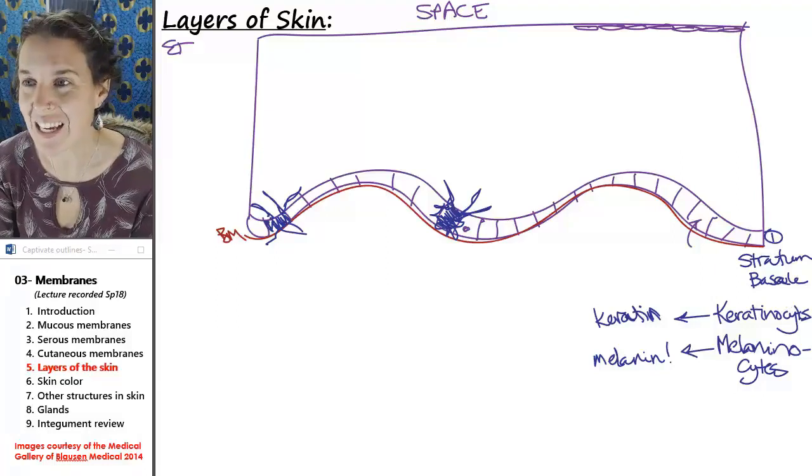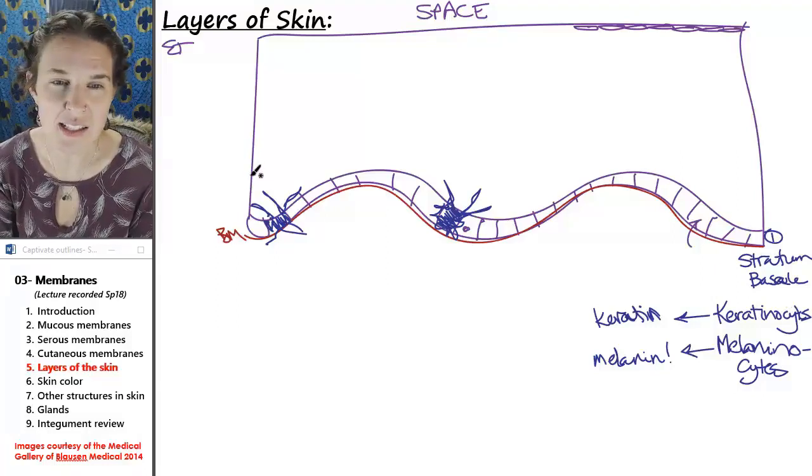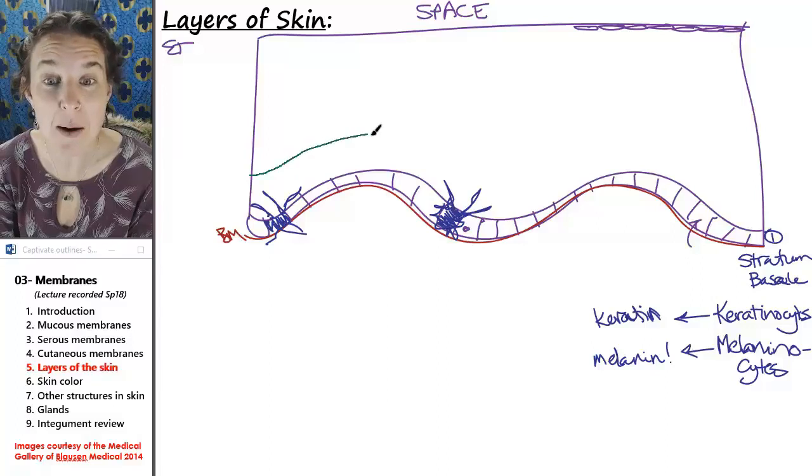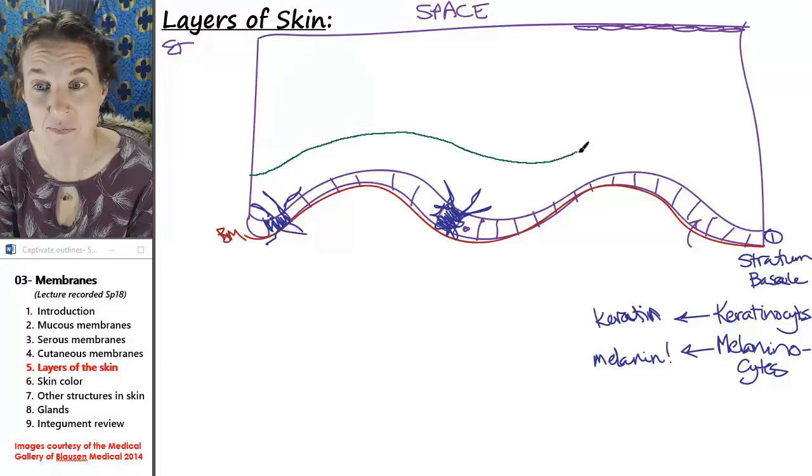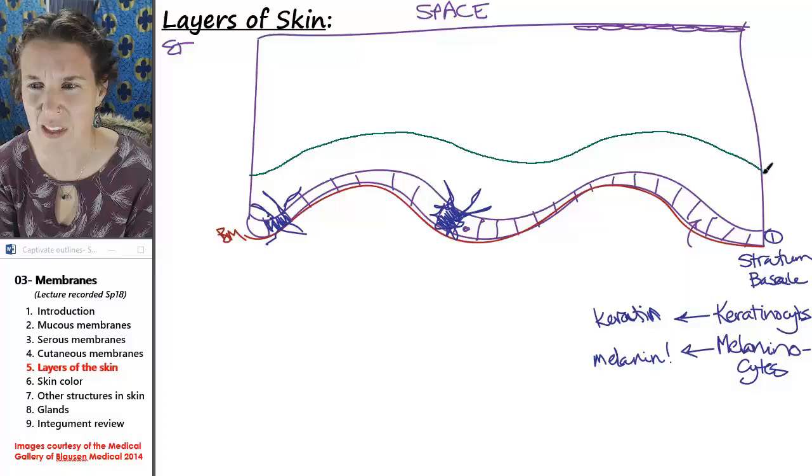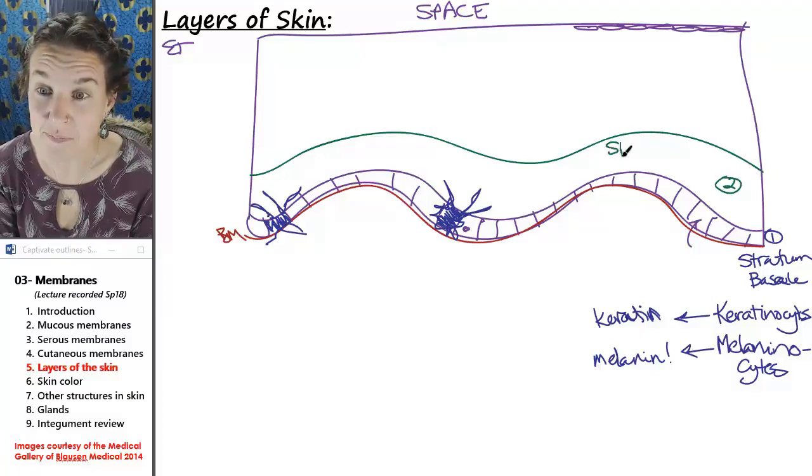Does that kind of make sense? This second layer is stratum spinosum.